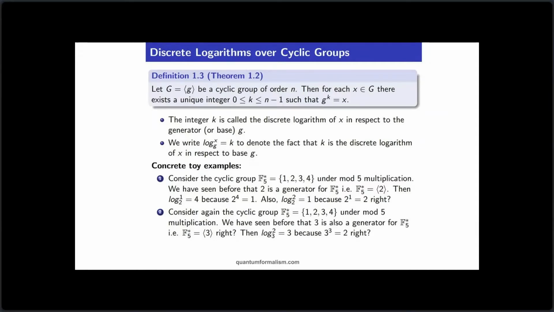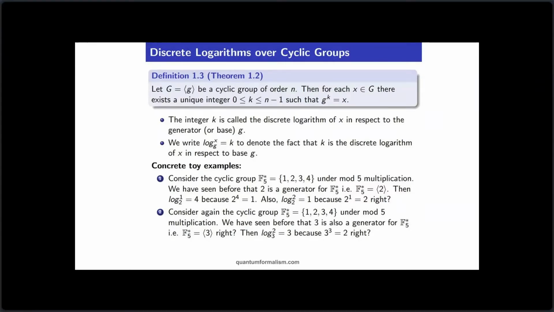This is more like a definition-type theorem, because it's a fact. Do you agree that given a cyclic group with a generator g of order n, then for any x in G, there exists a unique integer k, between 0 and n minus 1, such that g to the k equals x? This is a consequence of being a cyclic group, or g being a generator for the group.